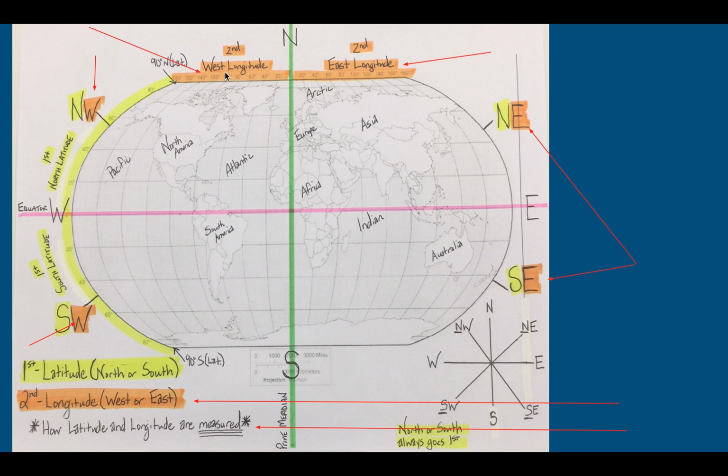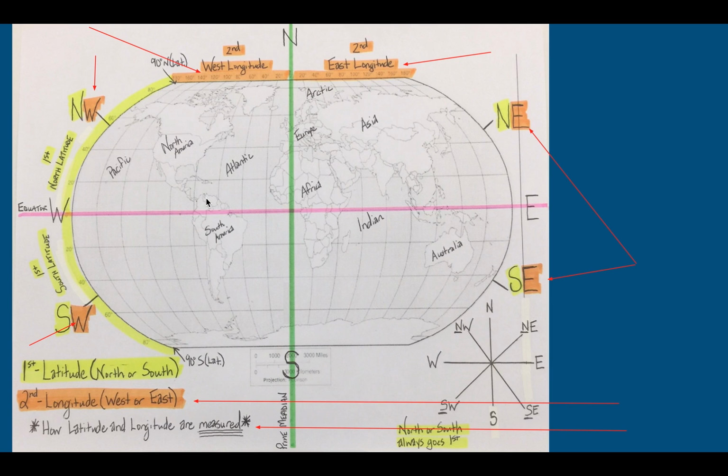Take your pen or pencil, and at the very top to the west or to the left of the prime meridian, which is my green line, write west longitude, and write 2nd above it. Then to the right or the east of the prime meridian, my green line, write, please, east longitude and 2nd above it.